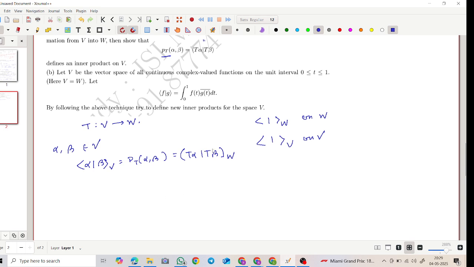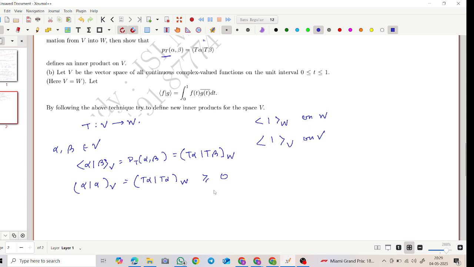So now let's see whether this is indeed an inner product or not. You take the inner product of alpha with alpha. It will be T alpha inner product T alpha. Now see, this is always greater than or equal to 0.